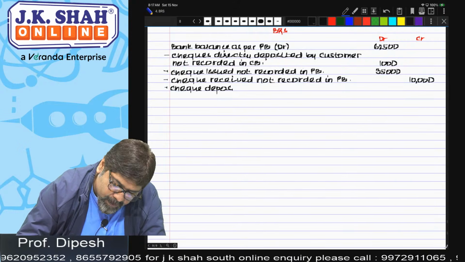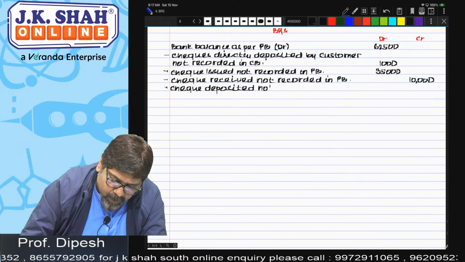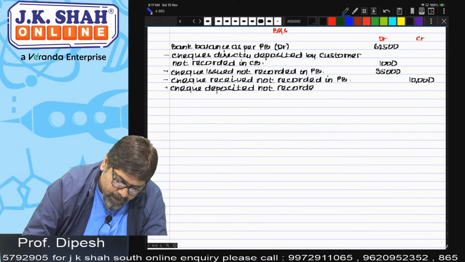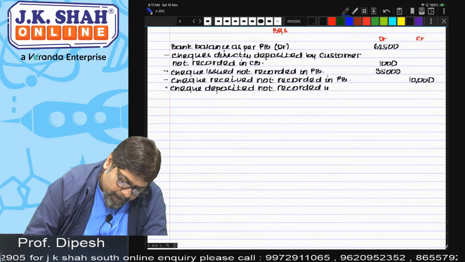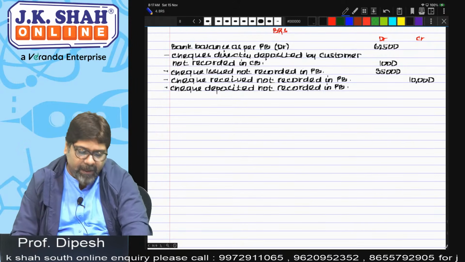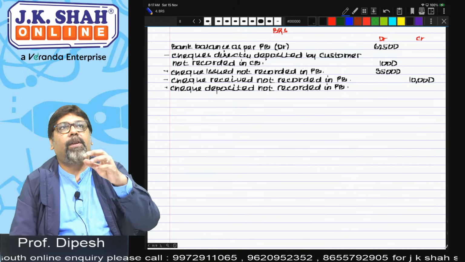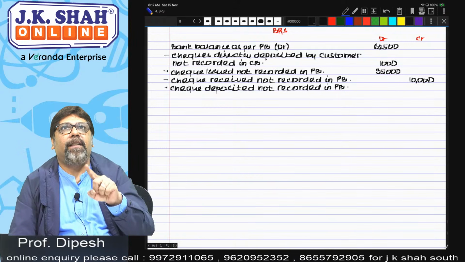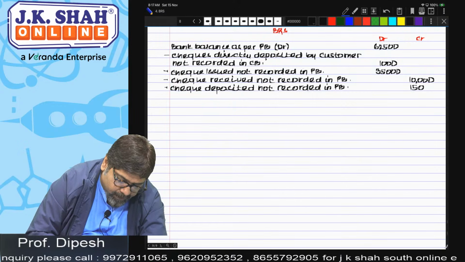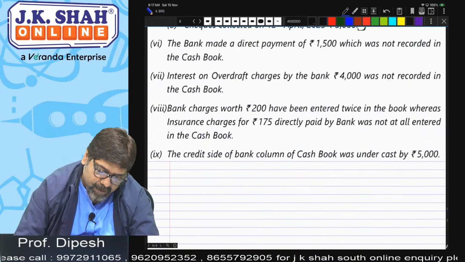Passbook. Checks deposited, not recorded in passbook. Which side? The deposit, all receipts are recorded in the passbook credit side. Correct. How much? 15,000. Shall we move ahead? Yes, sir.